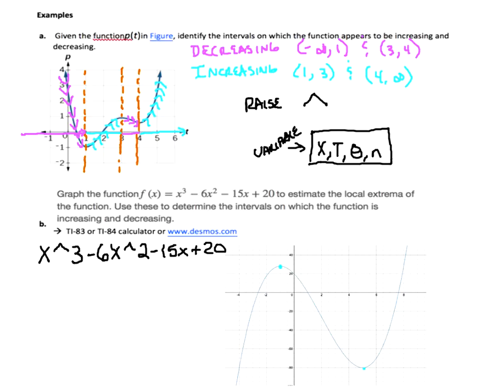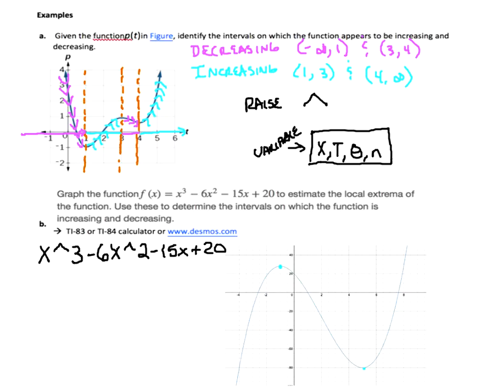So if you look at the bottom of the screen, let me see if I can get this to come in clearly. You can see that maximum, and it tells you it's a maximum. It occurs at an x value of negative 0.999999988, which is basically negative 1, and a y value of 28.